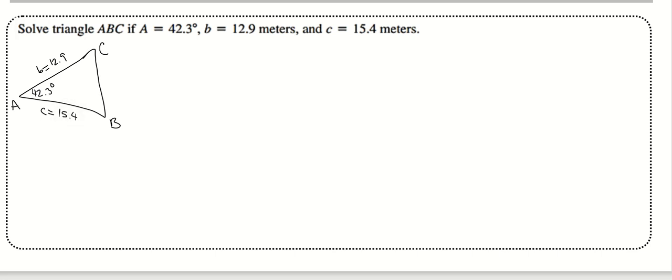So remember that to solve the triangle means that I'm looking for all of the missing pieces, which in this case would be angle C, angle B, and side A.